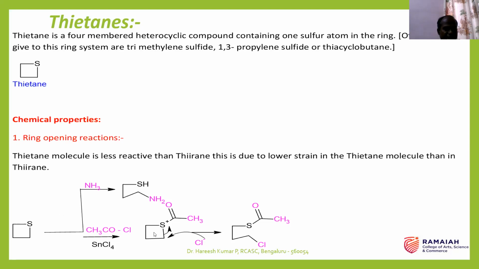Thietane also reacts with an acylating agent, here acetyl chloride. What will happen? You know that the lone pair on the sulfur will react with the electron-deficient carbonyl carbon, forming a compound like this. Then the leaving group Cl minus can attack this carbon, and there will be a breakage between this carbon and sulfur, forming a compound like this.